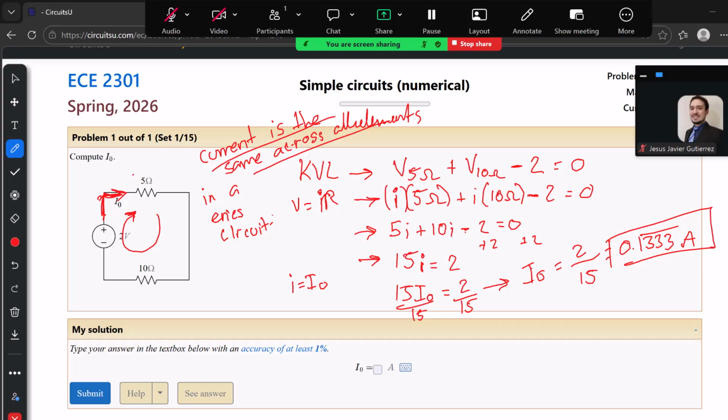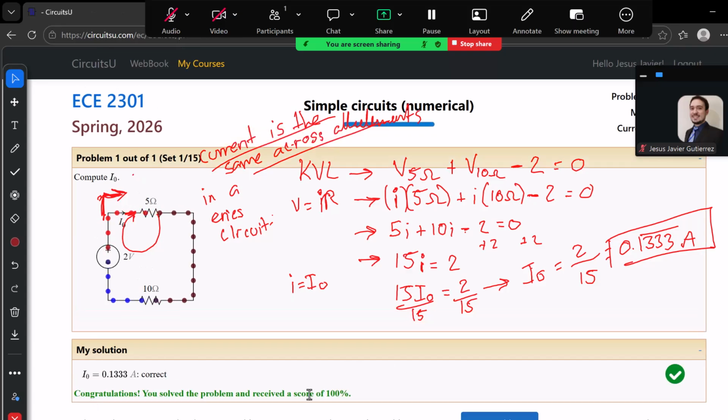So we put the current to be 0.1333, and then we submit. And we have gotten the correct answer. As you can see in the visualization, the same current flows through all elements.